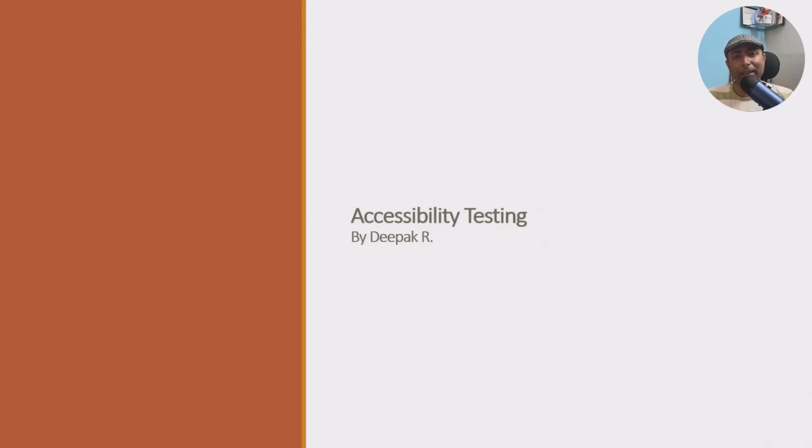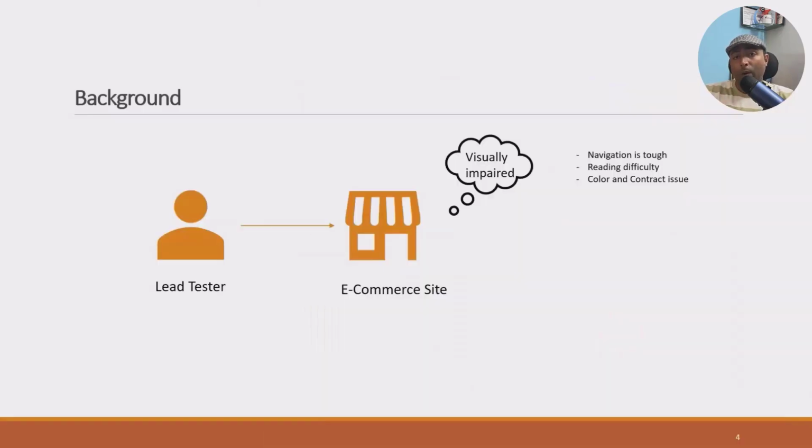Let's begin with accessibility testing. Now, as I mentioned, consider any company ABC wanted to launch a website where they wanted to cover 2.5 billion users as well, other than regular users. Why am I calling it 2.5 billion users? Across the globe, we have 2.5 billion users who are visually impaired.